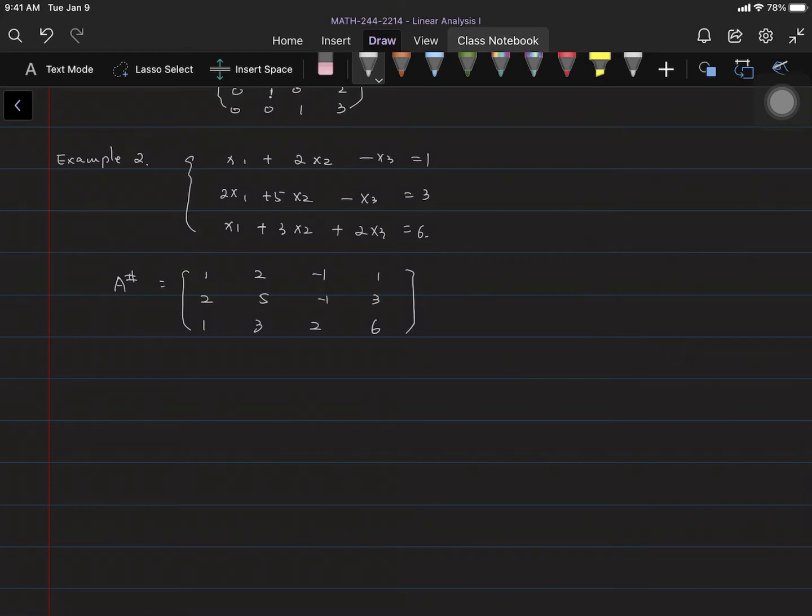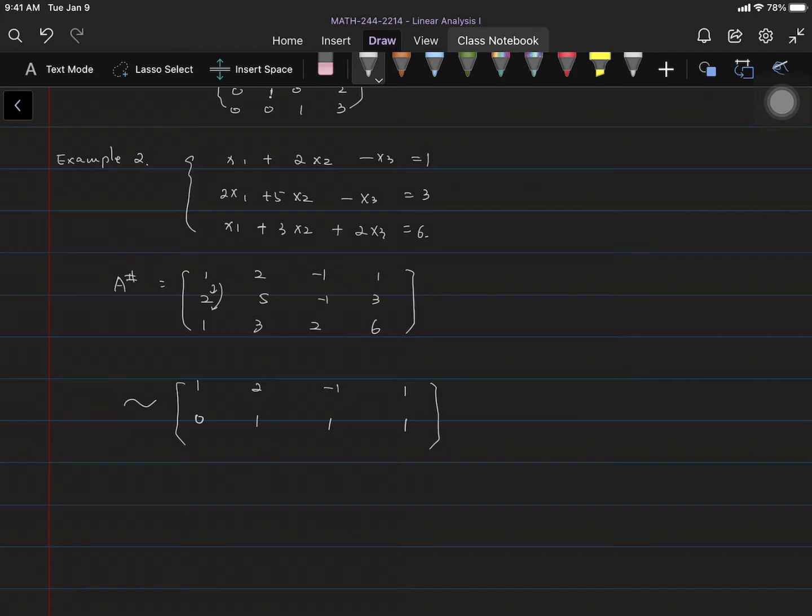And next step, we reduce this into reduced row echelon form. Definitely we use the leading one to make the entries below it into 0: times -2 and add. So it should be like this.